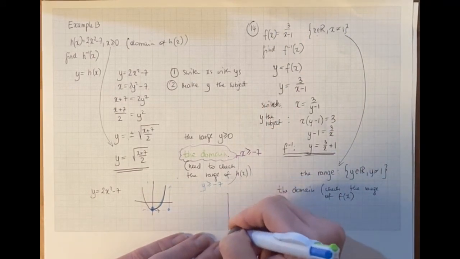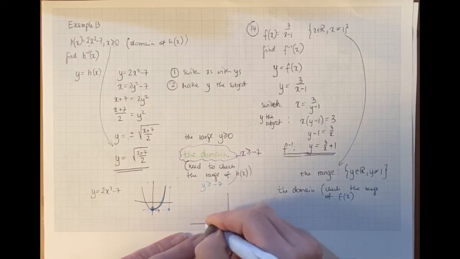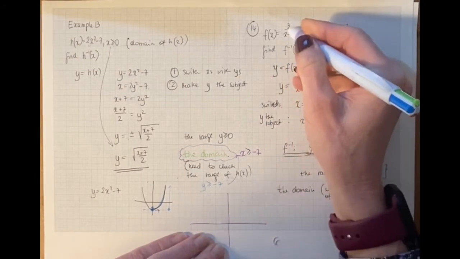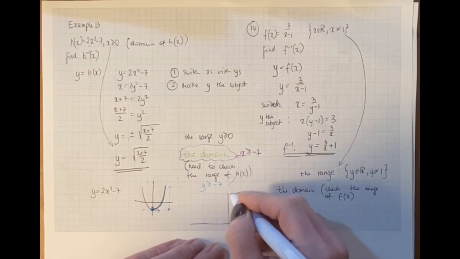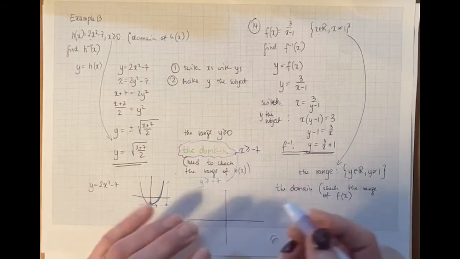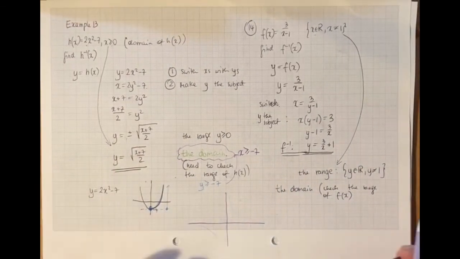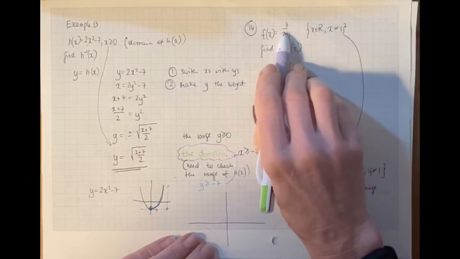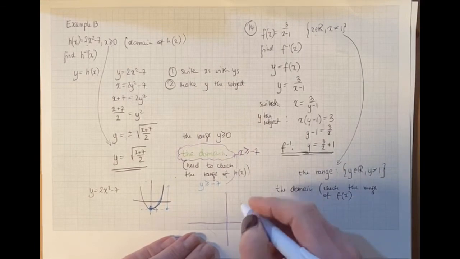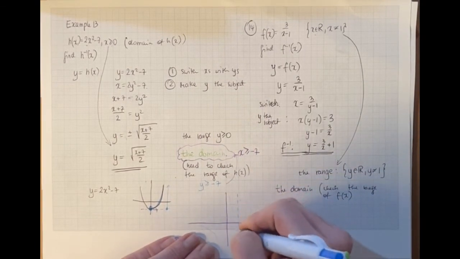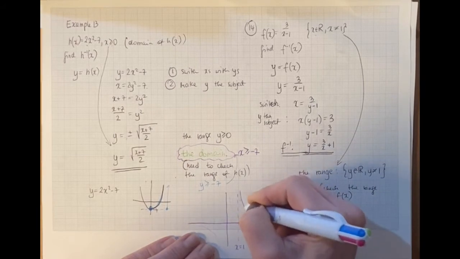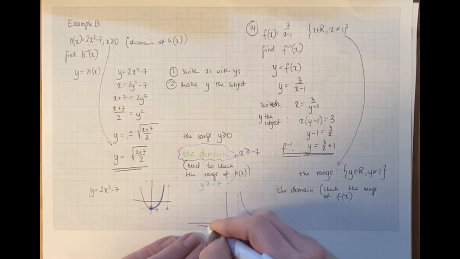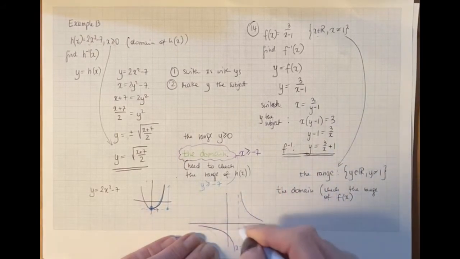So the reciprocal graph that we are given is 3 over x minus 1. So 3 over x would just have 2 branches here, just like 1 over x, just slightly more stretched. Minus 1 in the denominator means the asymptote is at 1. The whole graph is shifted, so it looks like this. So 1 to the right.